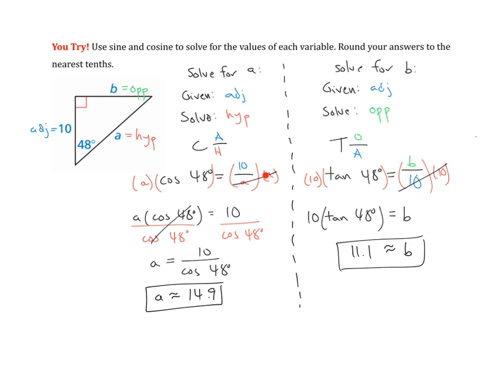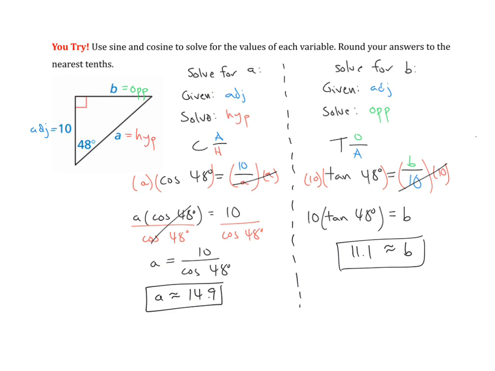I multiplied by A on both sides, and it canceled out on the right side. And then it said A times cosine of 48. Because A is being multiplied with cosine of 48, let's divide by cosine of 48 on both sides. Cancels out here. This we put into a calculator, and we get A is just about 14.9.